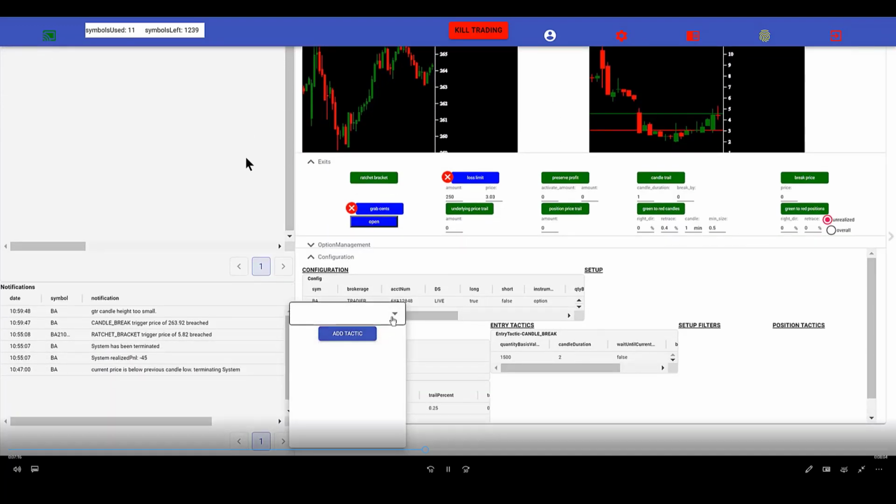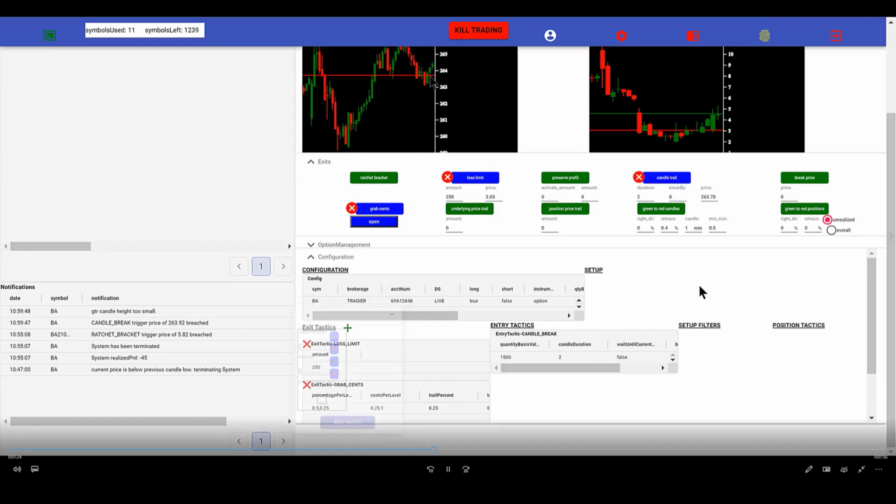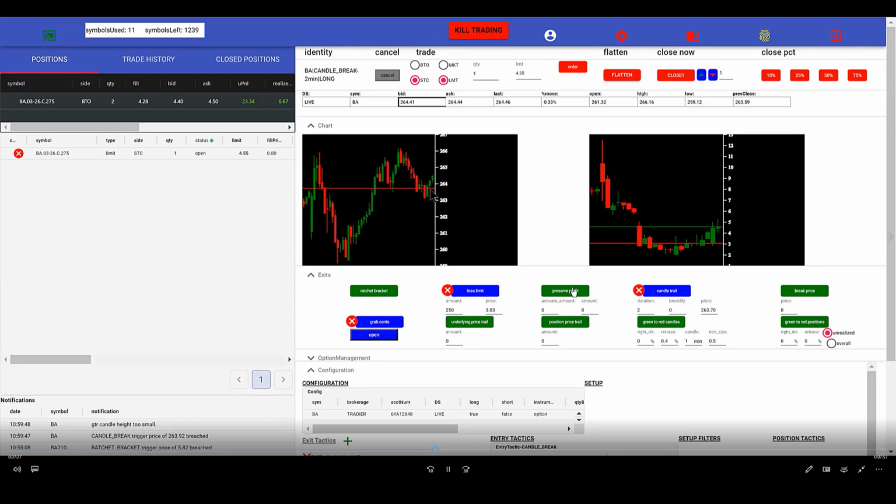So now I'm going to add back that candle trail, a 2-minute candle trail. And so you can see that it is placed at the low of this 2-minute candle. And when this one closes, it'll be placed at the low of that 2-minute candle. And you can see things are definitely moving the right direction now. Here's our target at 455.